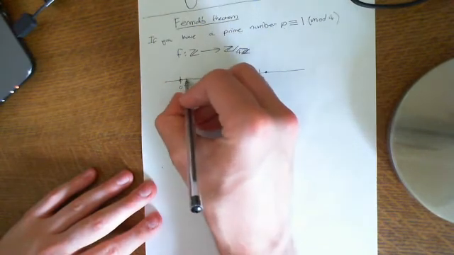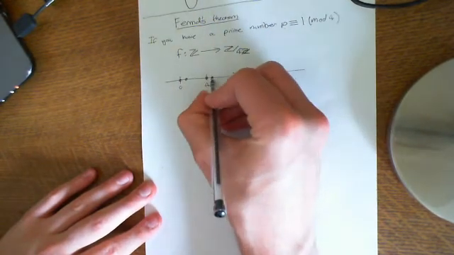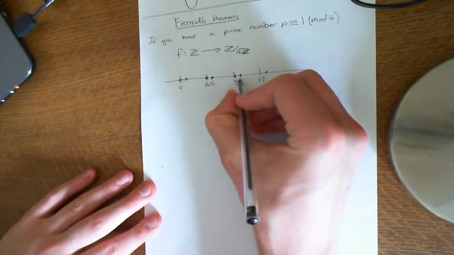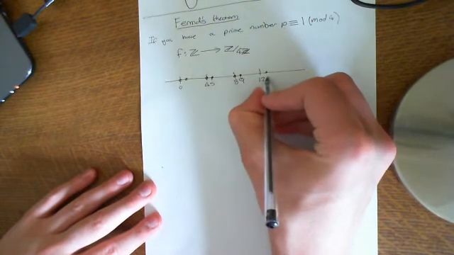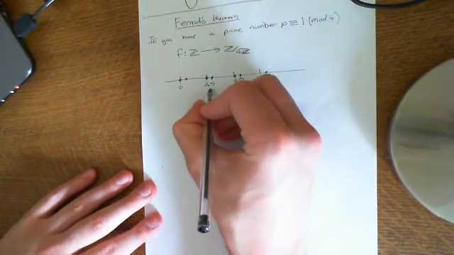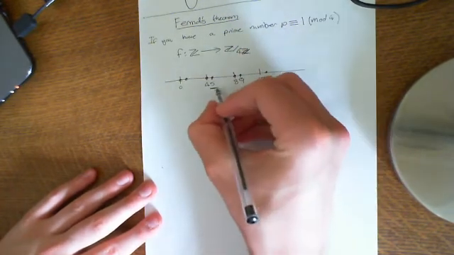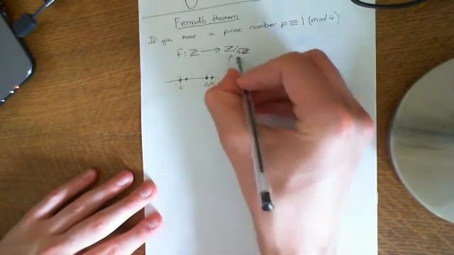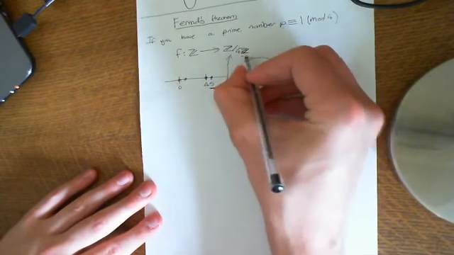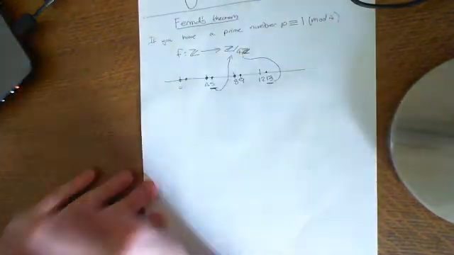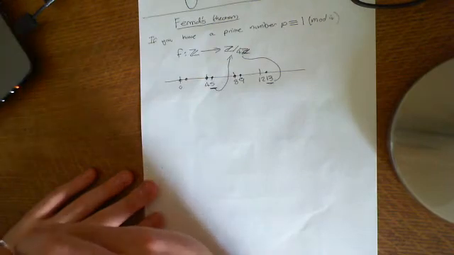These are all mapped onto 1, so 1, 5, 9, 13 are mapped onto 1, and we've already got examples of primes here. 5 and 13 are both primes which satisfy this condition, that they are congruent to 1 modulo 4.